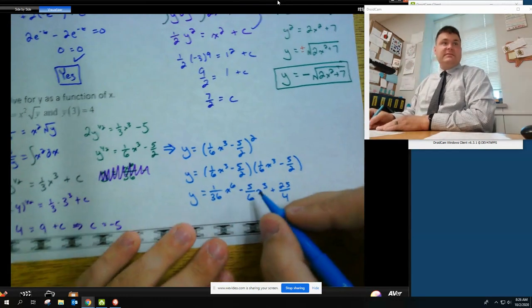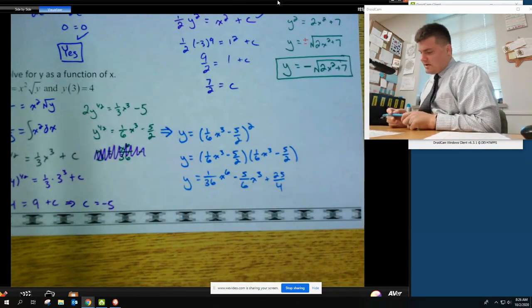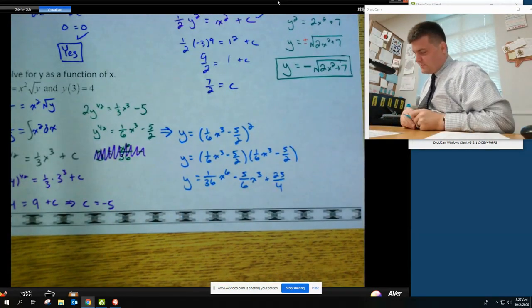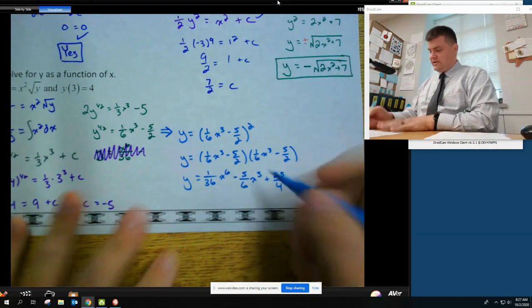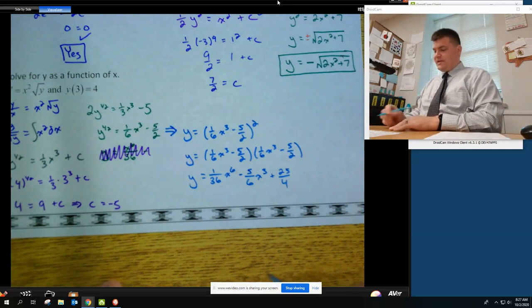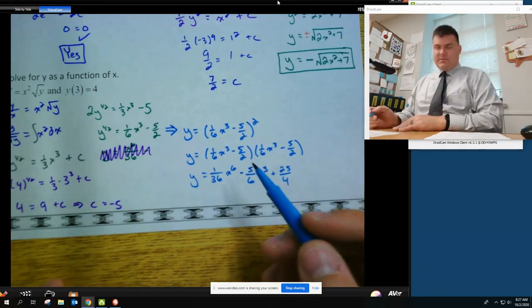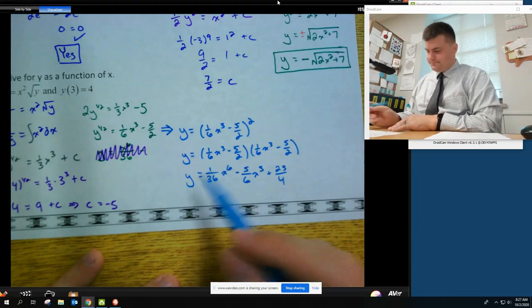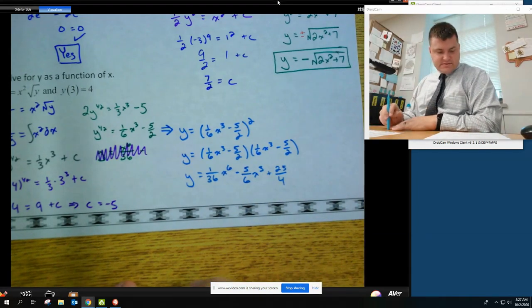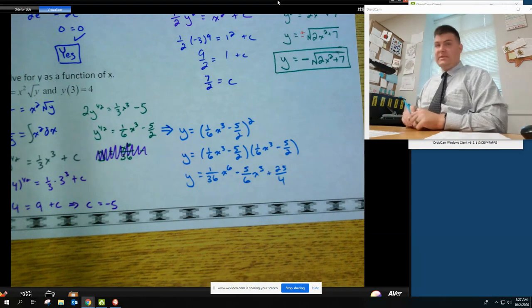I believe that's 5/6. I'm doing it in my head. Because you're going to get negative 5/12 minus 5/12, which gives you negative 10/12, which is negative 5/6. And there you go. That's your answer. Could clean it up a little bit more if you want to just take out a GCF here. But that is going to be it for that problem.